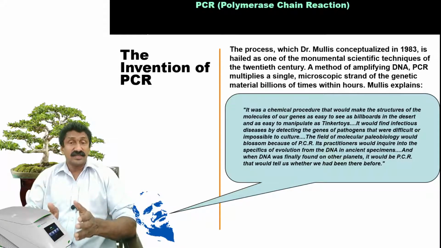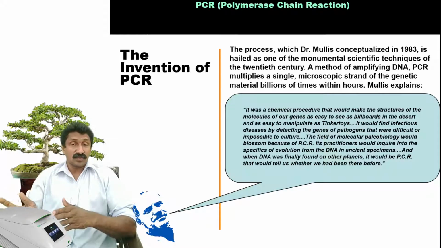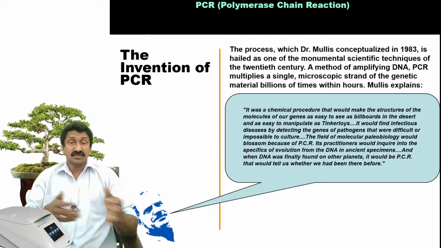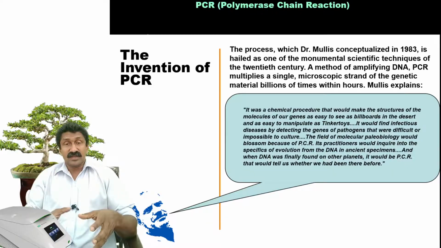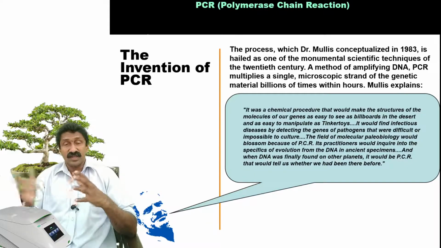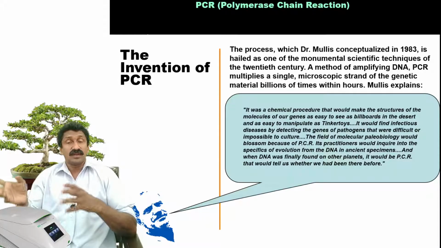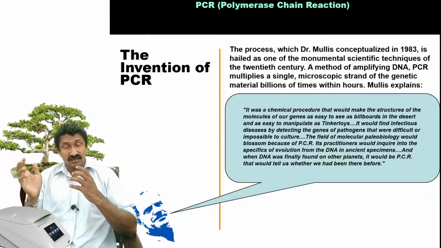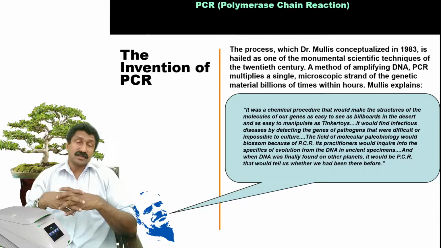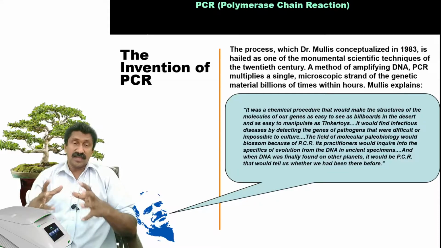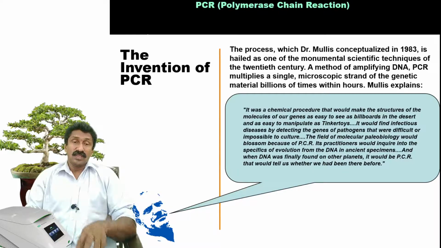If a DNA sample can be identified from that, and if that DNA sample has some connections with humans, then we can see that humans or a related species were already there, or that type of species had inhabited that planet maybe billions of years ago. So that type of analysis is possible only using such a technique known as PCR.